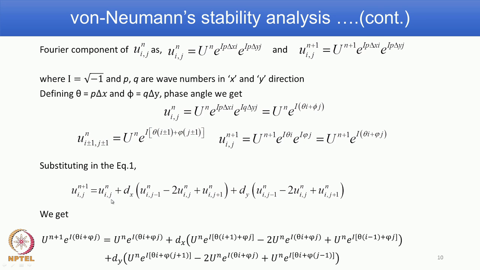Similarly, all other terms are independently written in this final expression as shown here. Now, we will apply von-Neumann stability analysis to this equation. In other words, we rearrange and then find the amplification factor, the limit for the amplification factor, and get an idea of the stability condition.